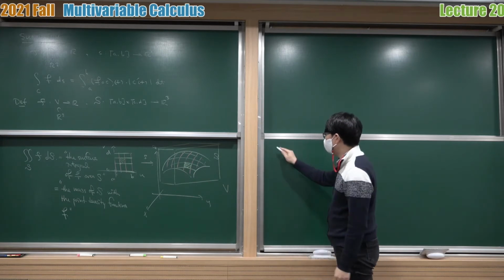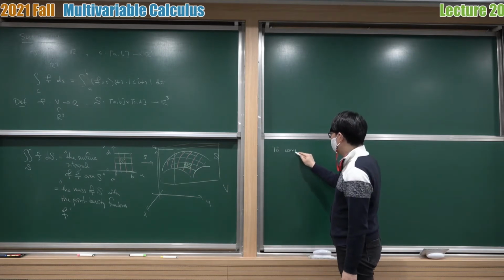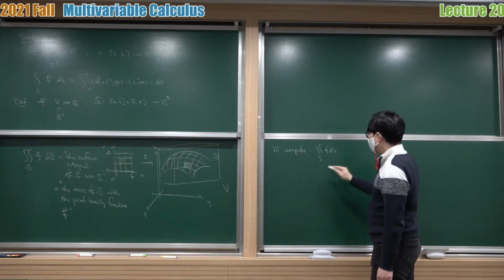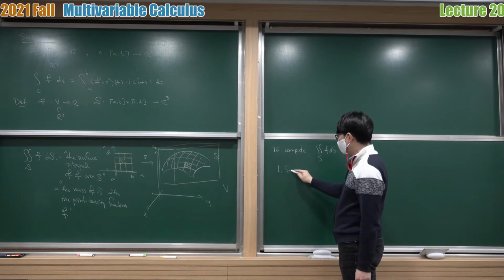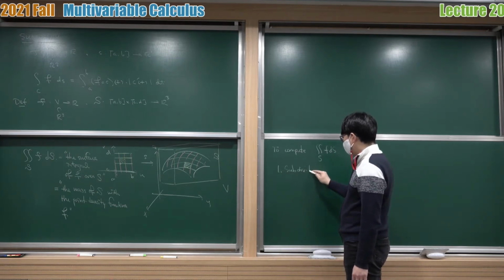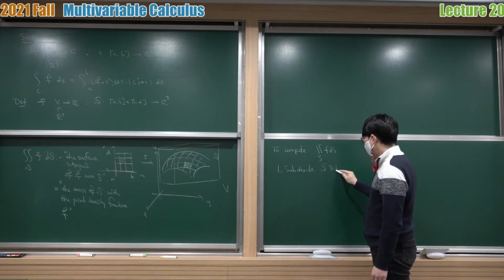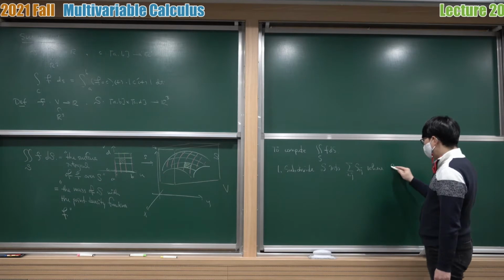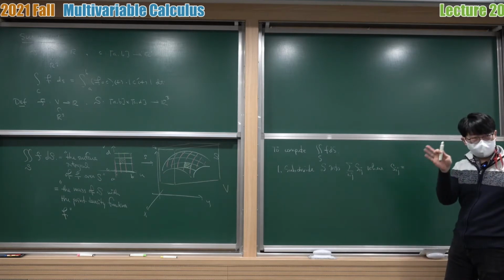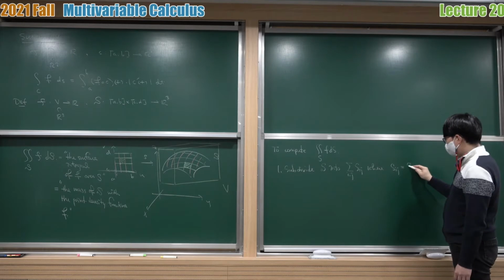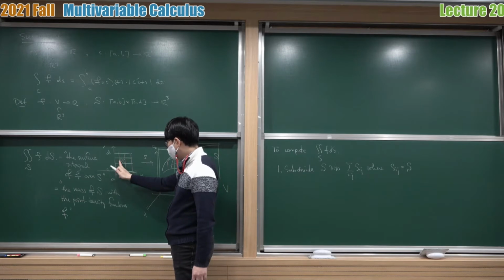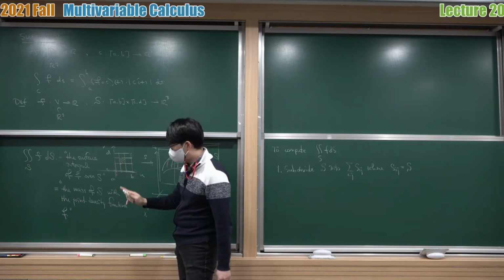So to compute my surface integral, first you need to subdivide S into a sum of Sij, where Sij for each i and j is the image of our parameterization corresponding to this small portion, right?